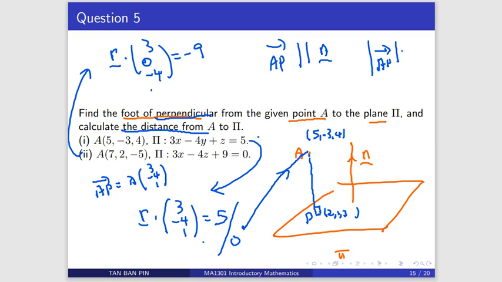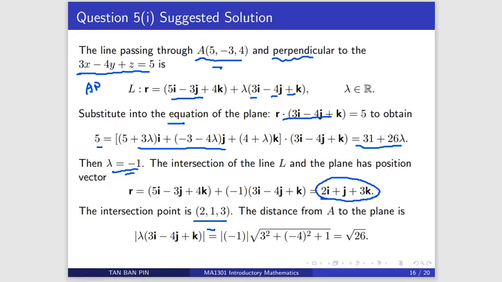So to find the length of AP, you find the magnitude of lambda (3, -4, 1).